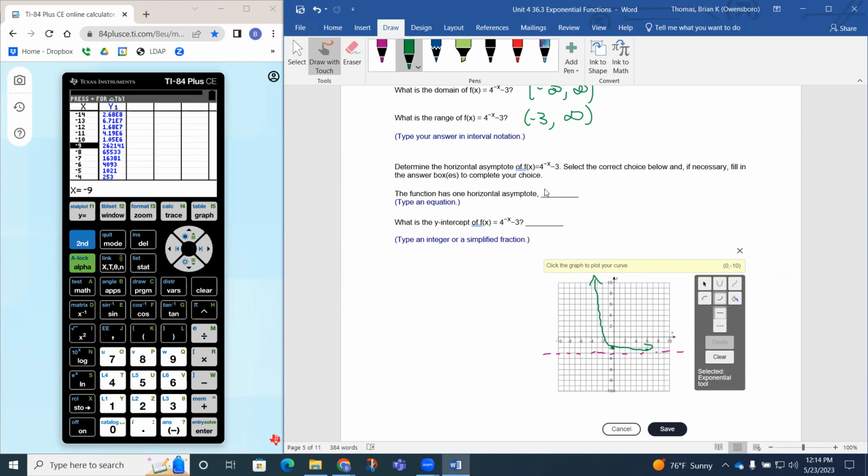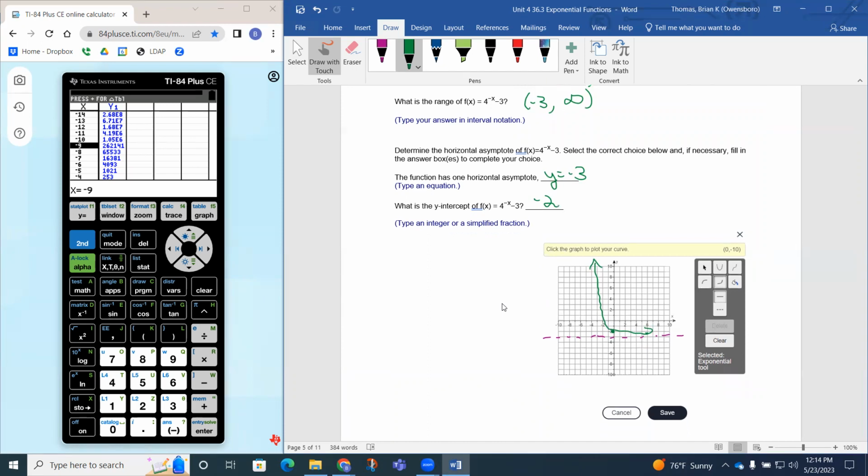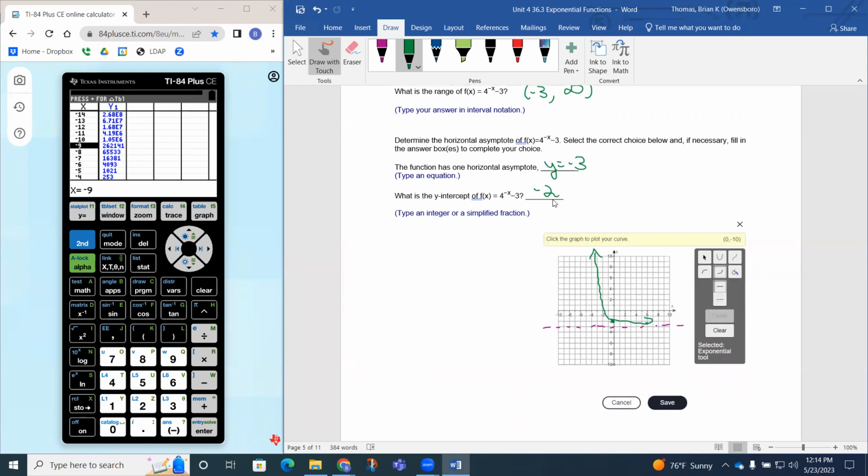So the equation y equals negative 3 would be the horizontal asymptote. And the y-intercept would be this negative 2, since it moved from 0, 1 down to 0, negative 2. They just want the y value there, so negative 2 would be your answer.